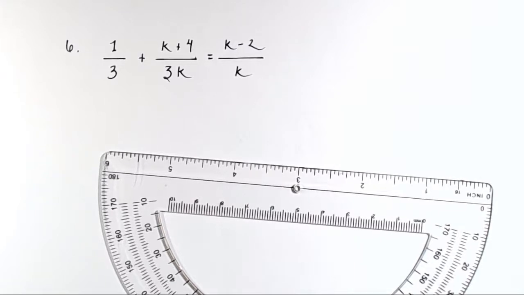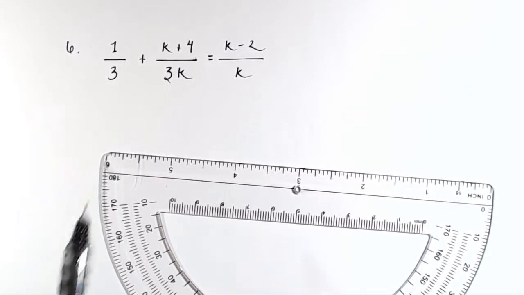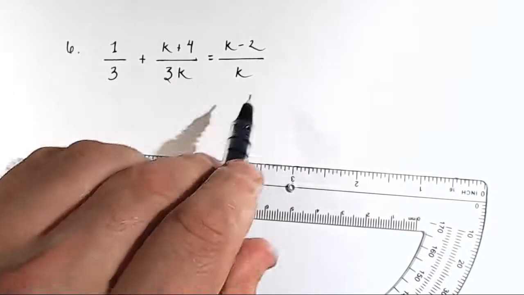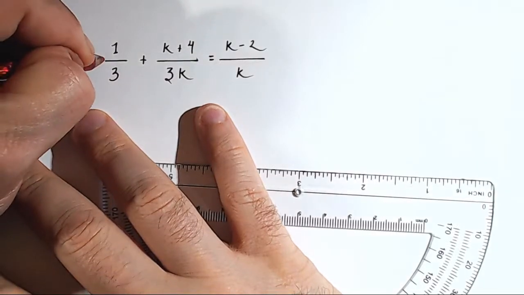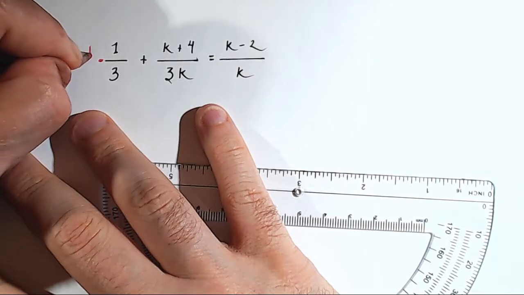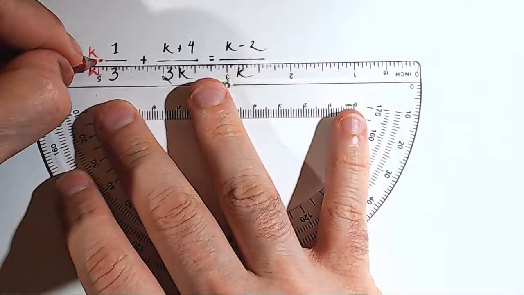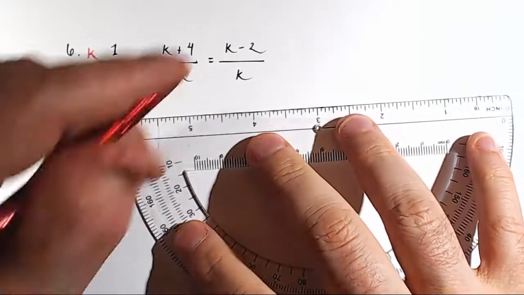All right, so once again, we've got to find the greatest common factor in the denominator, and that's going to be 3k. So I would need to multiply 3 by k and k by 3. So we can edit this problem by multiplying 1/3 by k over k, and I'm going to multiply (k minus 2) over k by 3 over 3.